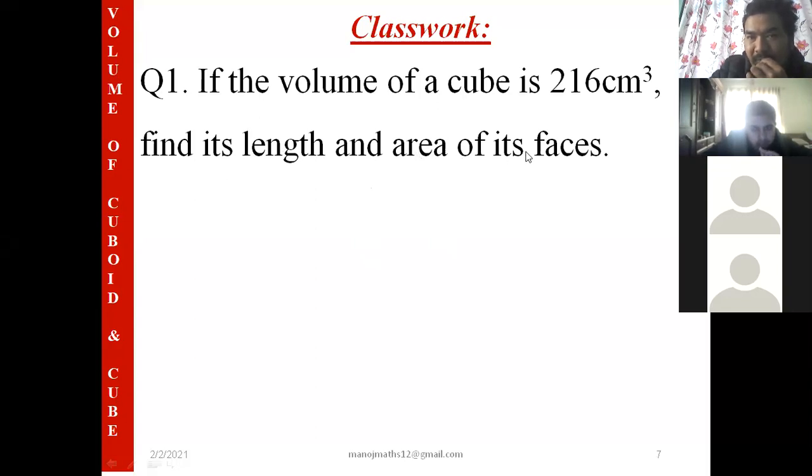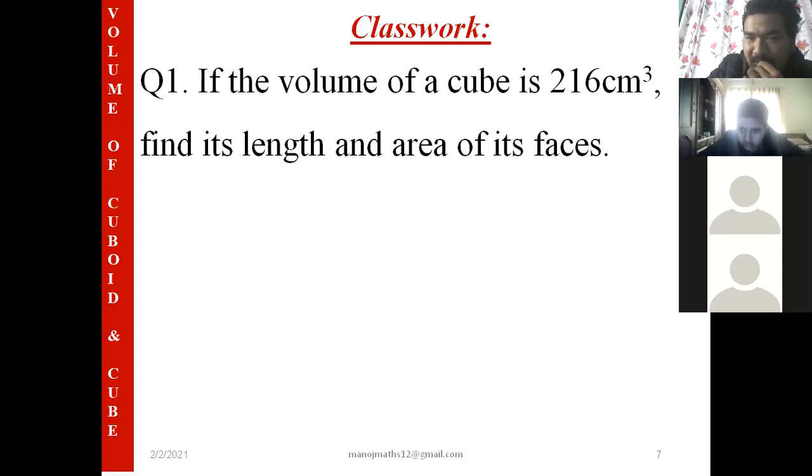Then area of its faces means, what is its area? Area of face means L square, because it is a cube, and a cube's face will be a square face, right? Understood? Area of one face will be 6 square, which means 36 centimeter square.